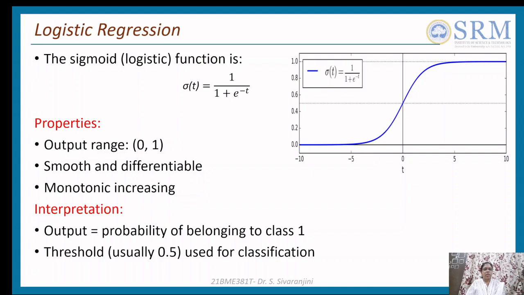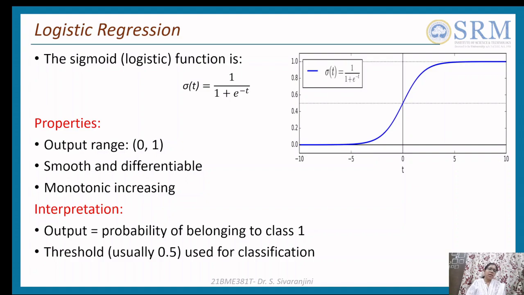It takes any real number for the t value, from minus infinity to plus infinity, and then squashes its range to 0 and 1. Even though the value of t obtained from the hidden layers ranges from minus infinity to plus infinity, it squashes the values to the range from 0 to 1.